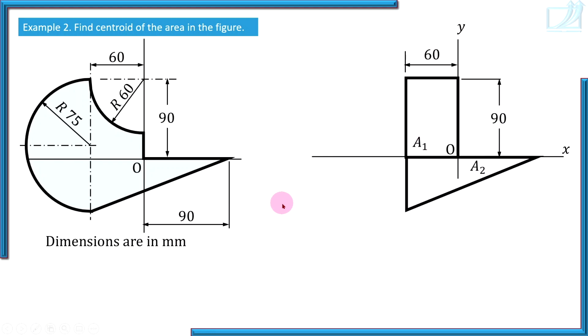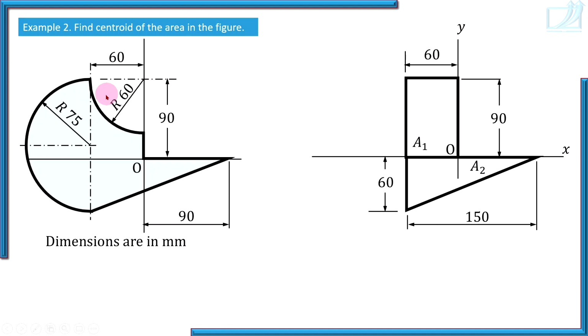Then the right angle triangle. What information is required? Base and height, horizontal and vertical edges. So 150. Watch here, 60 plus 90. The diameter of the semicircle is twice the radius, that is 150. So this vertical edge of the semicircle is 150 millimeters, that is nothing but the diameter of the semicircle.